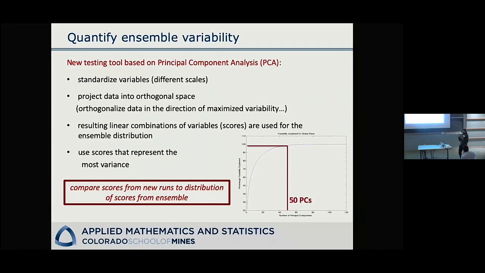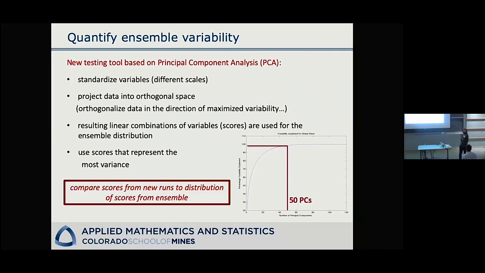And then we do this testing setup using the principal component scores. Those are linear combinations of the original variables in these subspaces that are independent and orthogonal to each other. The reason that's attractive from a statistical point of view is that we can work with that independence and actually derive theoretical properties of this testing framework.